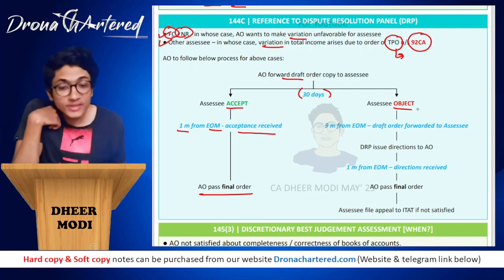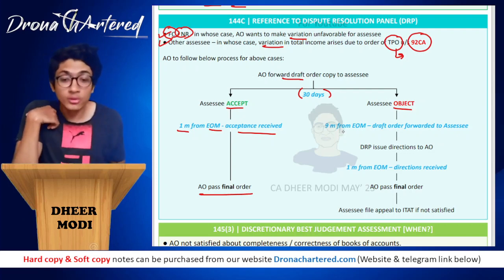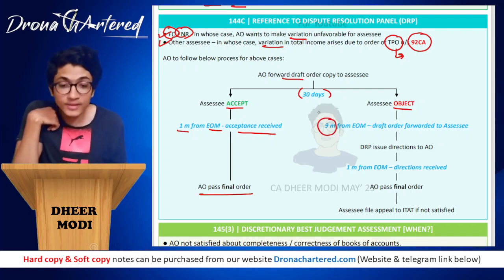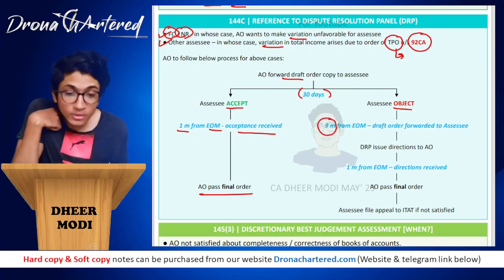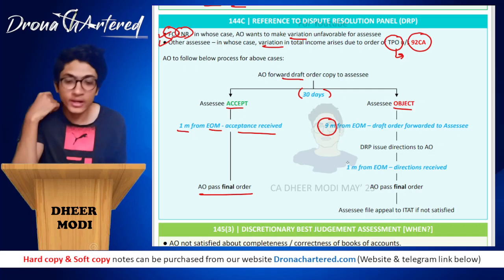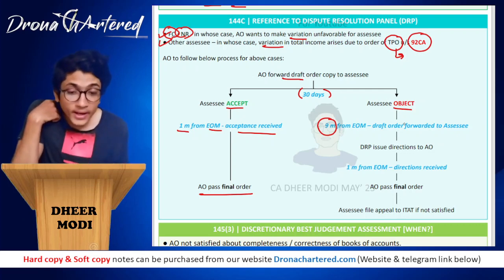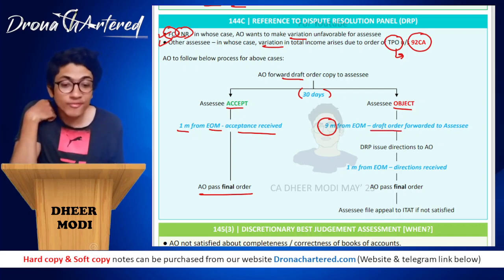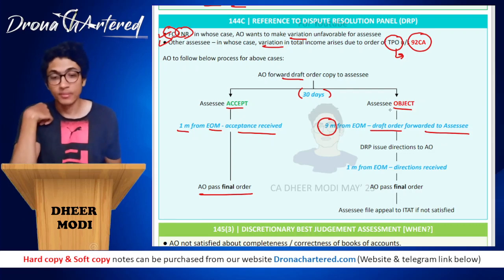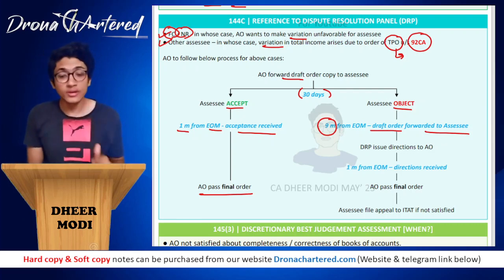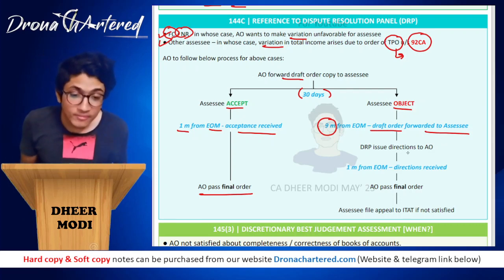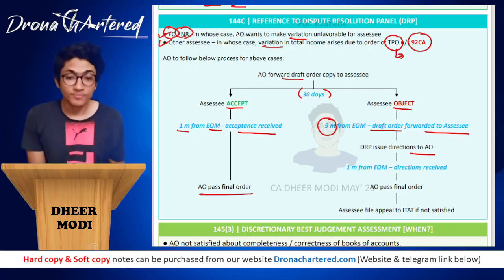Okay, now what if the SSC objects? Then it is 9 months from the end of month. EOM is your end of month. 9 months from end of month, draft order forwarded to SSC. Because the SSC has objected, so now this is a draft order. DRP will issue directions to AO.